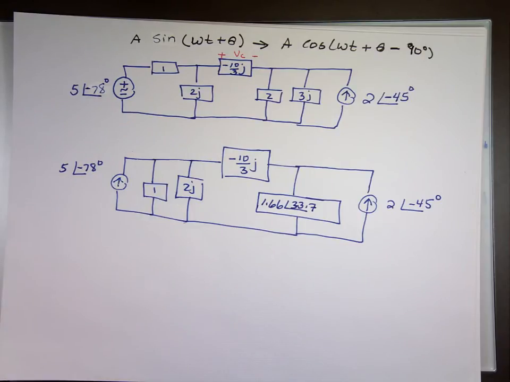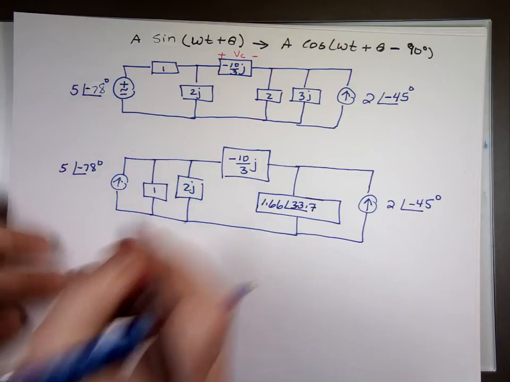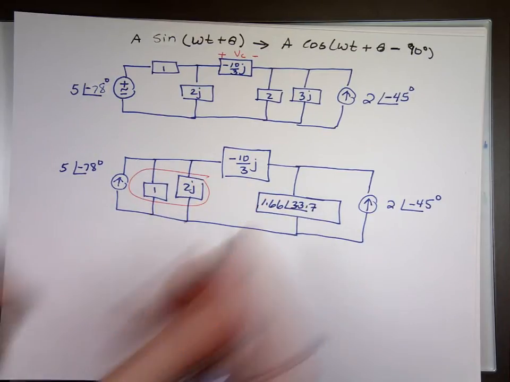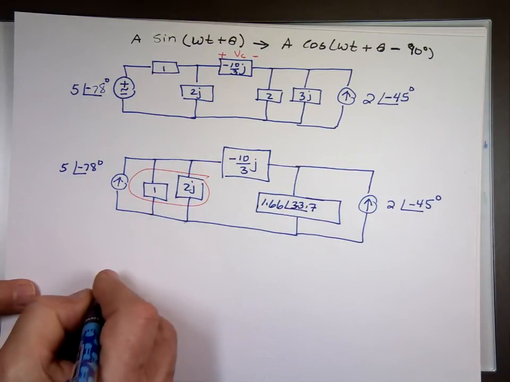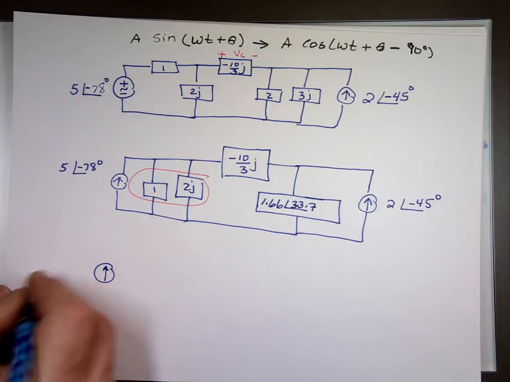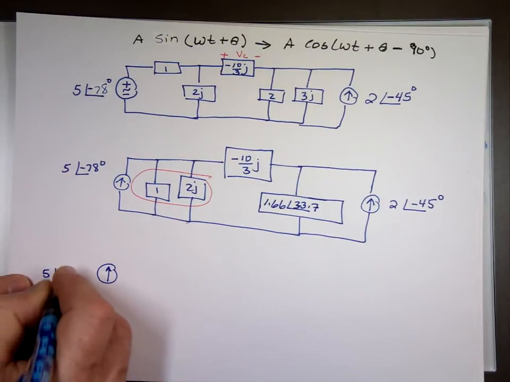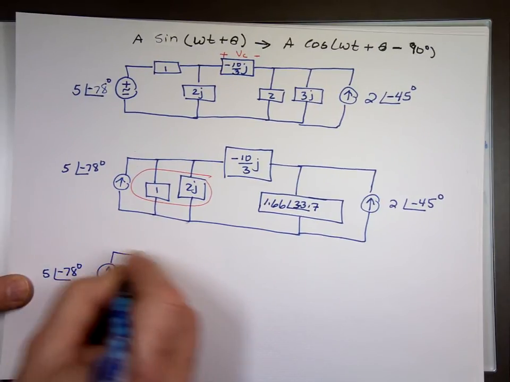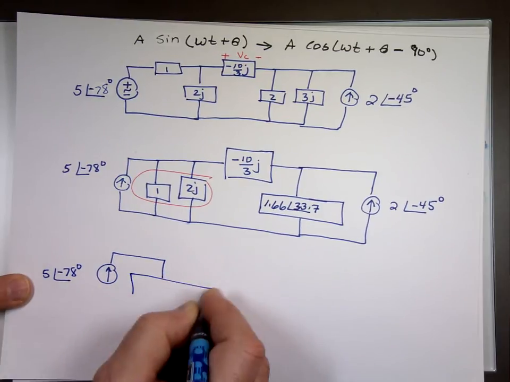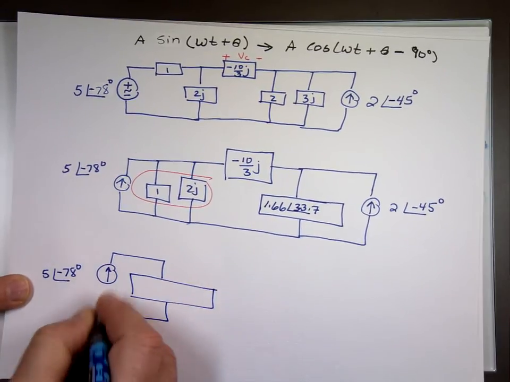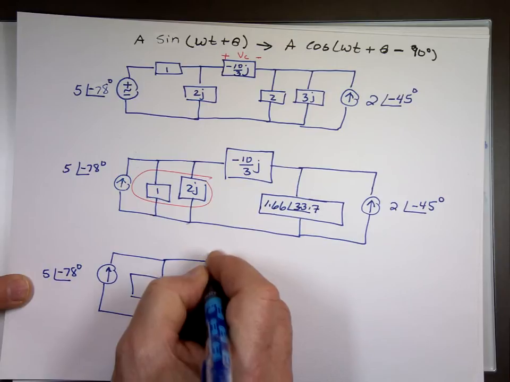You change the voltage to a current source in parallel. These two are in parallel, the product over the sum. I can put this in phasor.